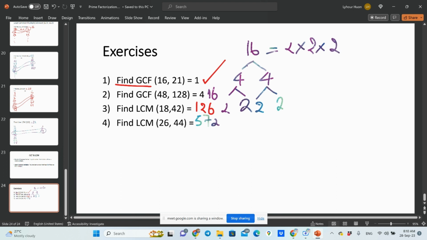But as we studied in grade 6, we write it like 2 times 2 times 2 times 2, four times.